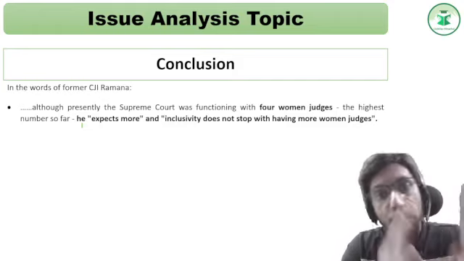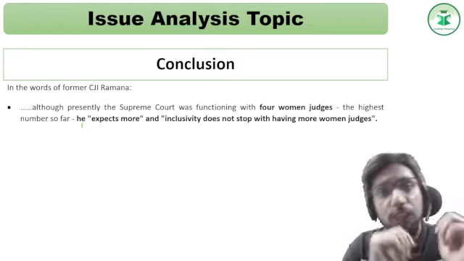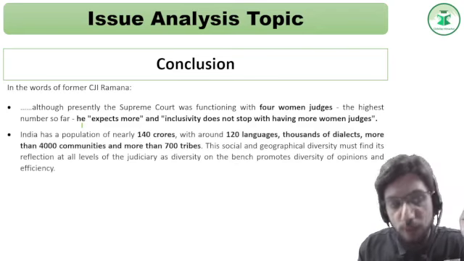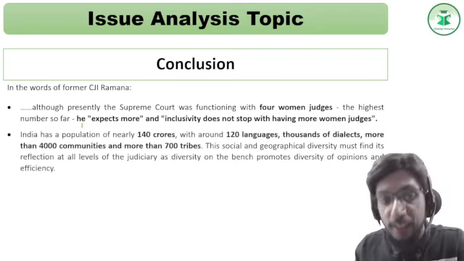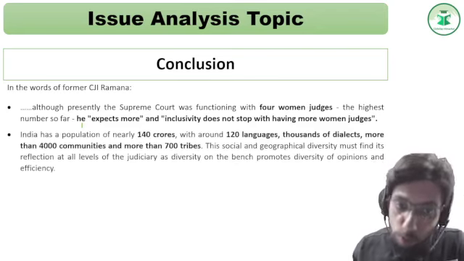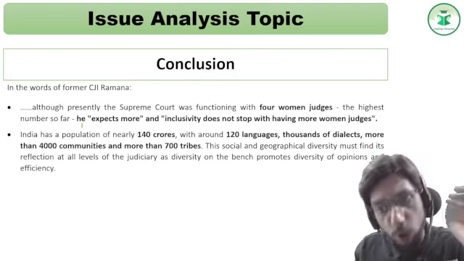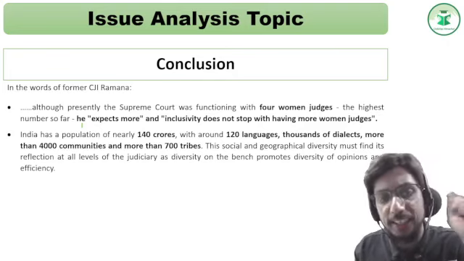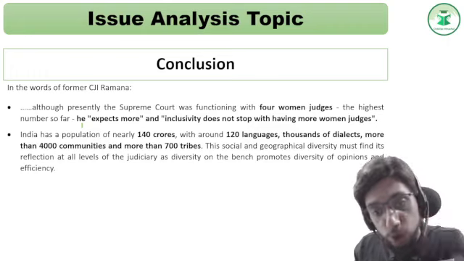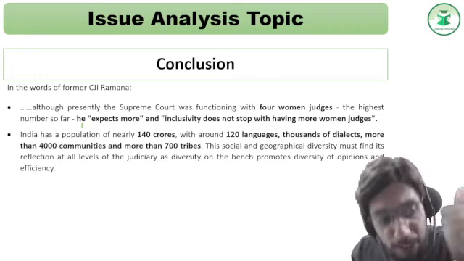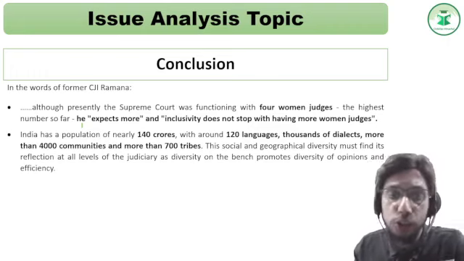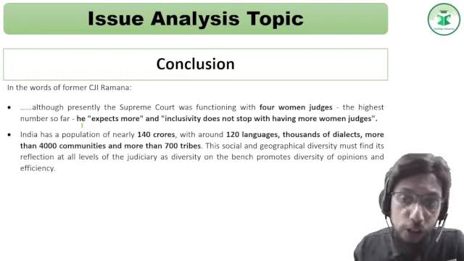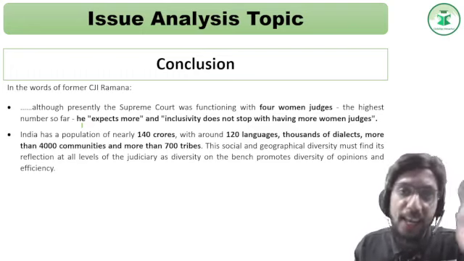It also means having representation from various strata, various segments of our society. It is his wording that India is a country with a population of 140 crore, 120 languages, thousands of dialects, 4,000 communities, 700 tribes, and this social and geographical diversity must find its reflection at all levels of the judiciary, as diversity on the bench promotes diversity of opinions and efficiency.